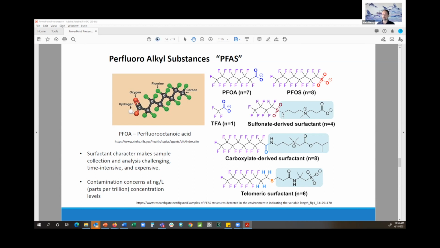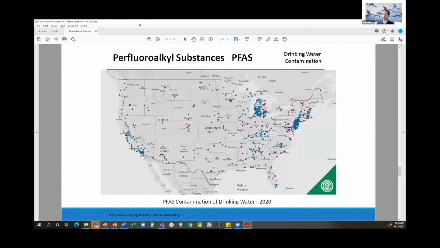Next slide, please. I just put this map up here because this is from the Environmental Working Group, showing where perfluoroalkyl substances have been detected in drinking water. The blue dots are municipal sources, the purple are military bases, and the red are near industrial complexes.